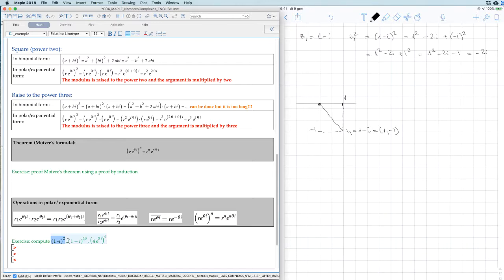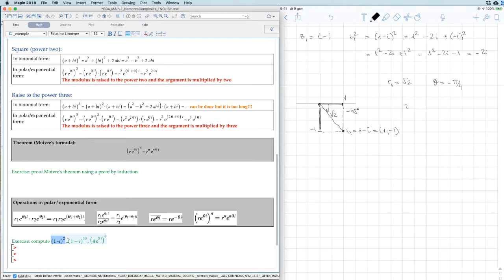So the modulus is going to be square root of 2 because it's the hypotenuse of a right triangle, and the argument we can compute just by looking at it. It's minus 45 degrees because a and b are equal. So it's minus pi over 4.